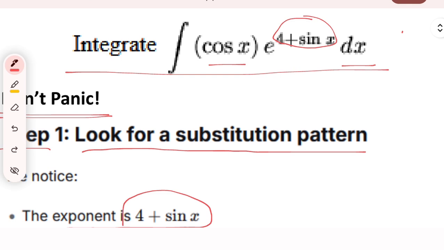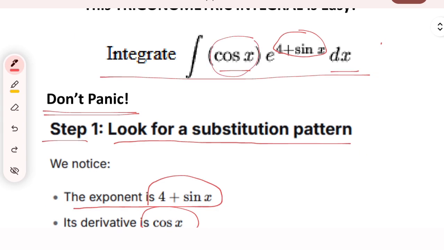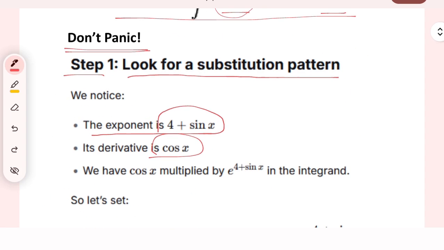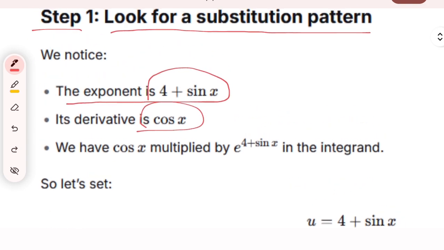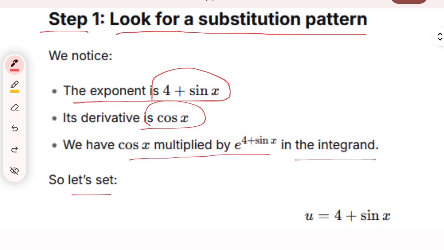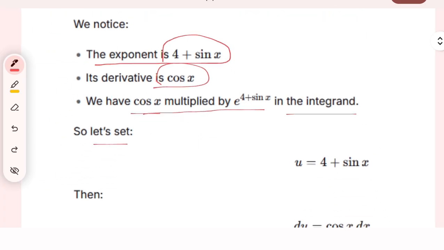Look for patterns, so try to do the let u, du thing. When we take the derivative of 4 plus sine x, the derivative is cosine x, which is actually in here. So we have cosine x multiplied by that.